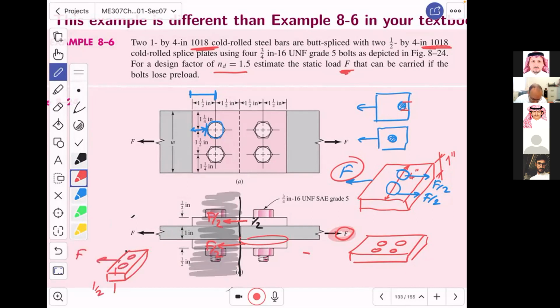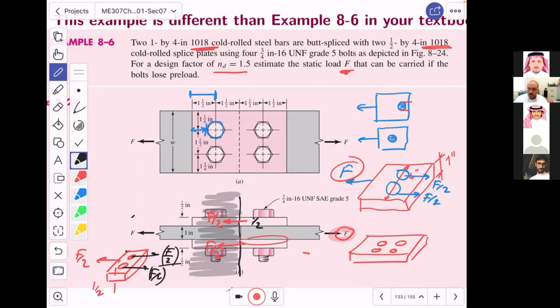So you have F over 2 here, and each bolt will take half of it. So this one is F over 2 divided by 2. So what will happen? It will become 1/4. And this one is F over 2, and then you divide it by 2.